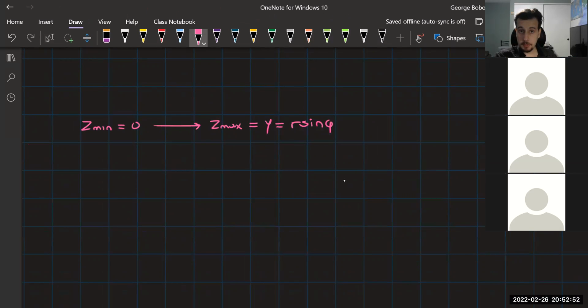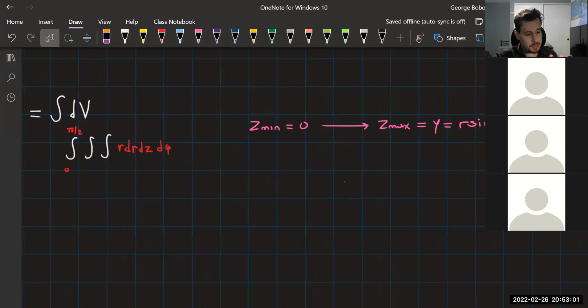She got the first bit. And why this needs to go very first, I hope you can see why we need to do this as the first integral, like dz, r dz, dr d phi. The reason is because this guy starts and has an r in its integral. He has an r.